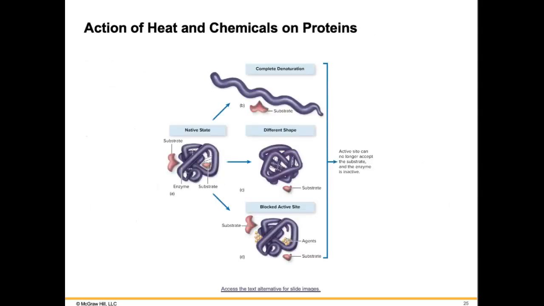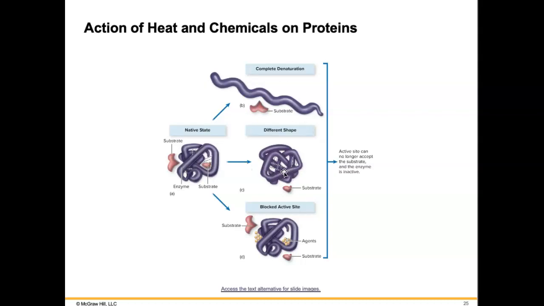This is just an illustration or diagram of what we're talking about here. What would happen if this is the native state? We know what the native state of a protein is. If we completely denature it, then it's no longer that perfect enzyme, in this particular case, and it's not going to work right.